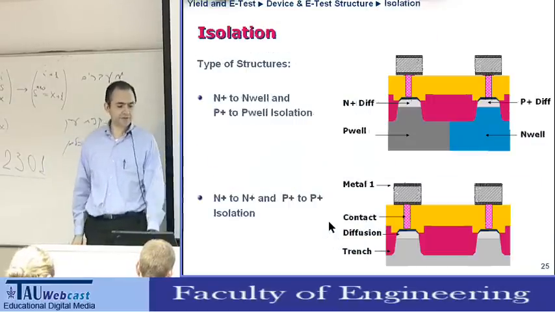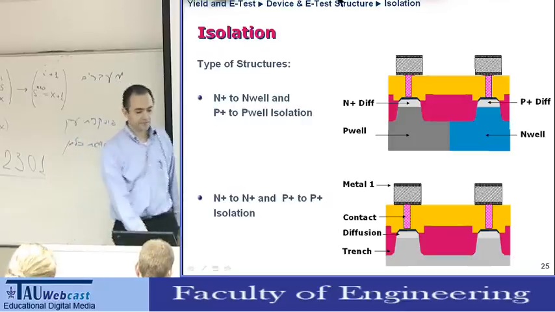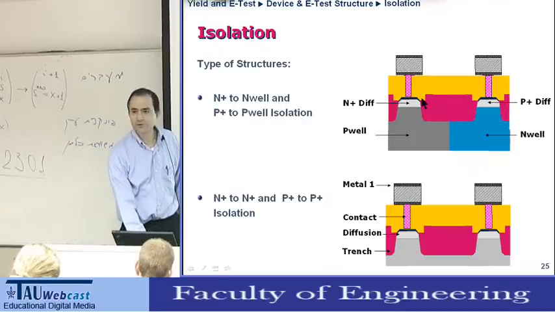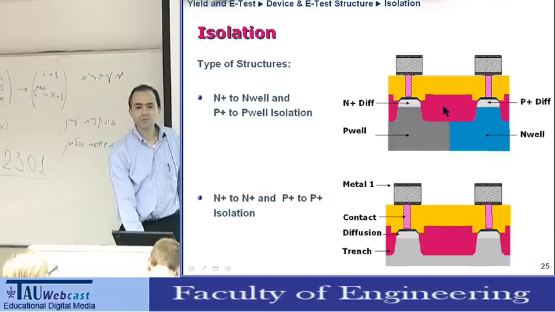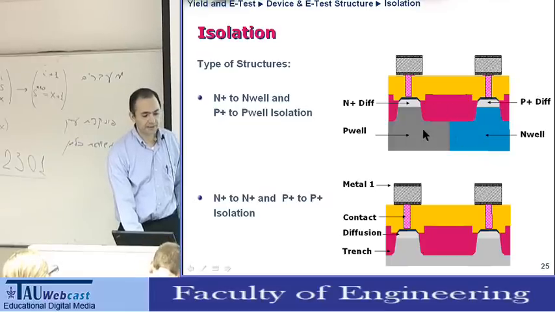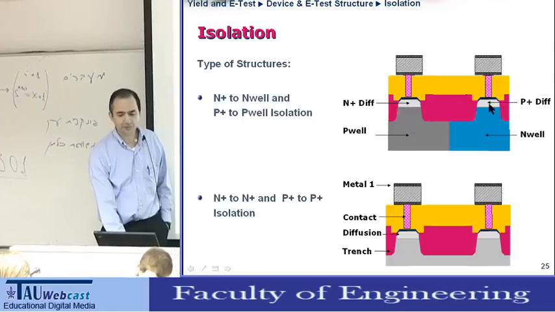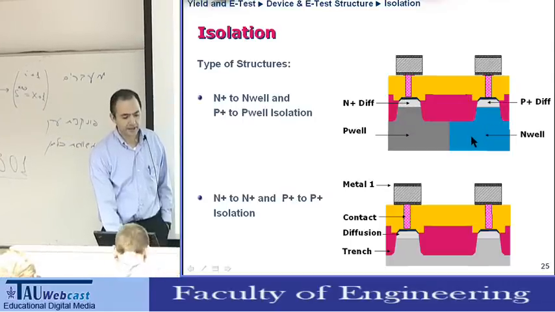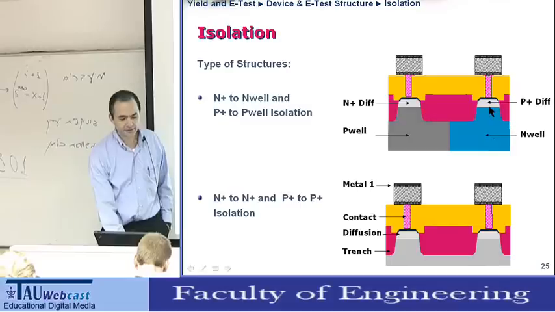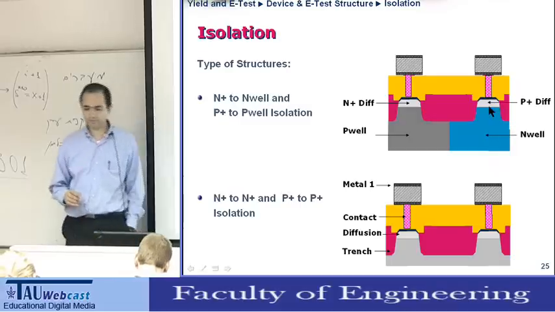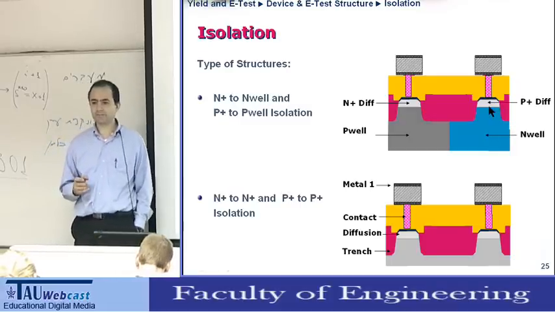Isolation structures. So here, if you remember, I showed you last time a trench which is filled with oxide, which was at the border between N-well and P-well. So here we have an N diffusion area in a P-well and a P diffusion area in an N-well. And we can measure the N-well to N diffusion or the P-well to P diffusion breakdown voltage.